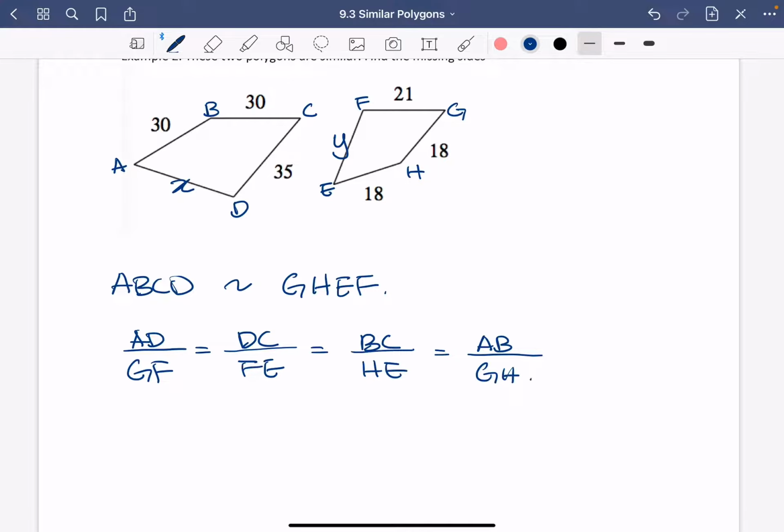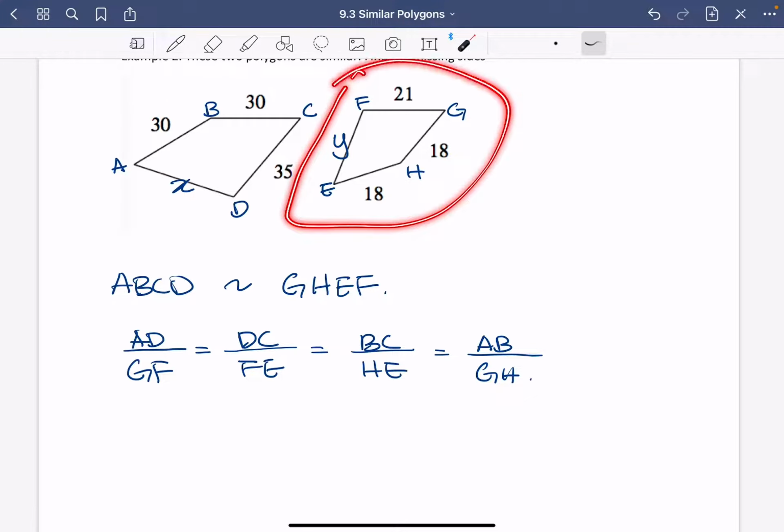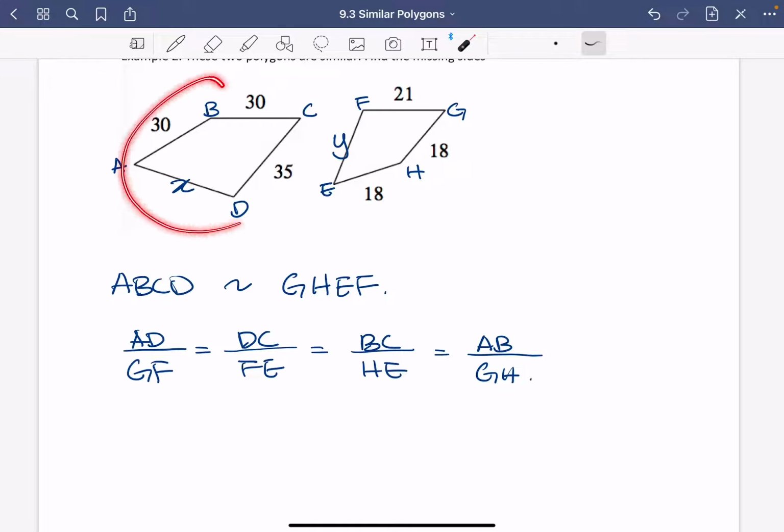I know it's a little bit hard to read the diagram like this, but if you draw this and rotate it, you will see that these two are the same shape. It's just that they are in a different orientation and the sides are a little different.